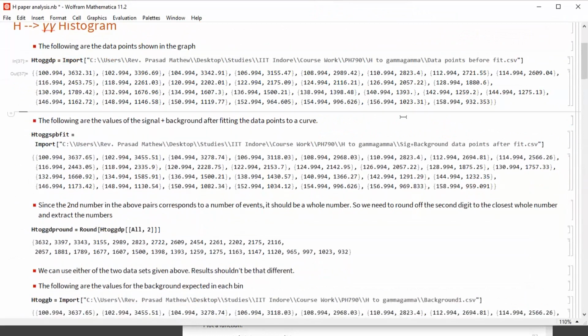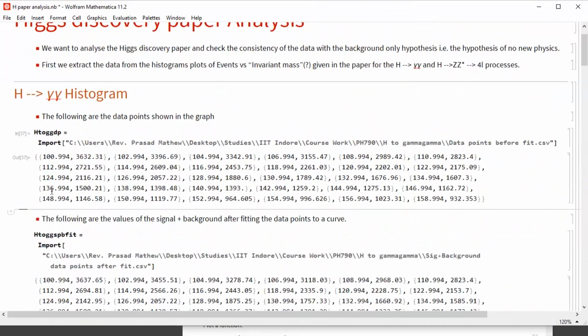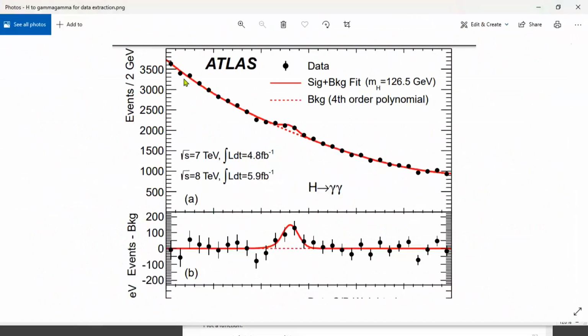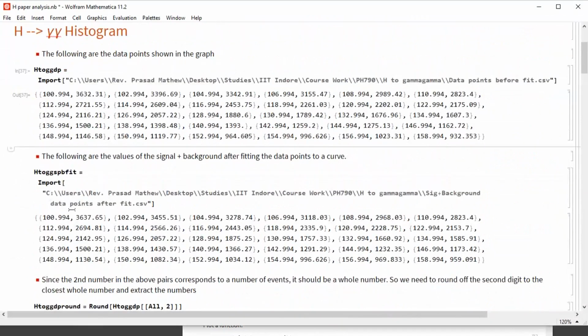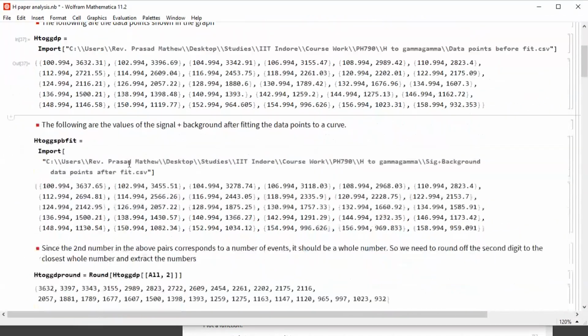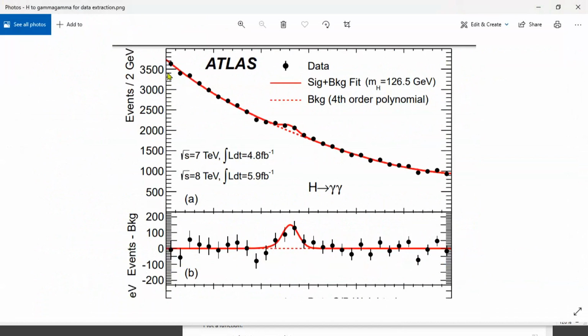And this is from the fitted background, right? Yeah. So these are actually the data points, these black dots. However, this one I also took because I was not getting a good graph. The second data set is where I've gone over the solid line and picked out the values of the solid line at each bin.